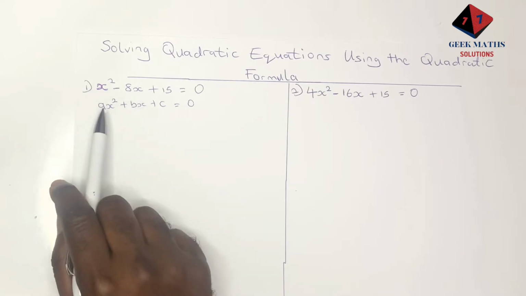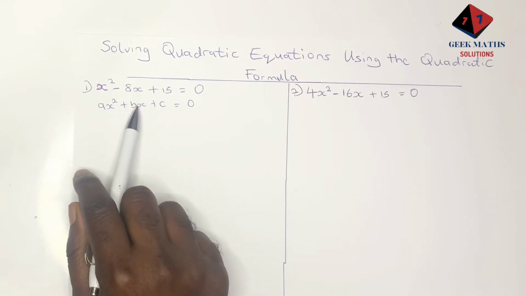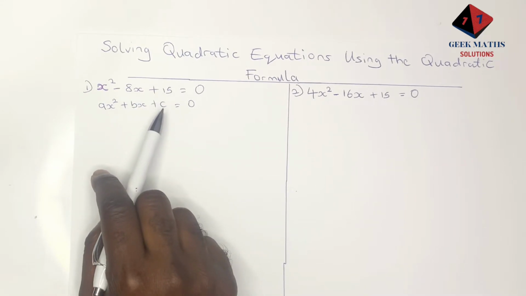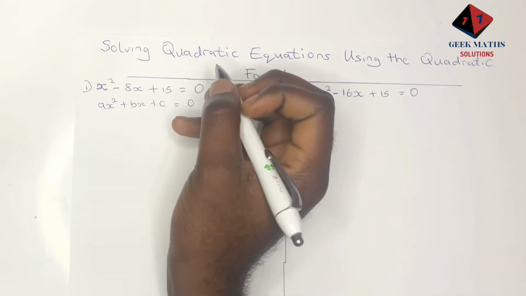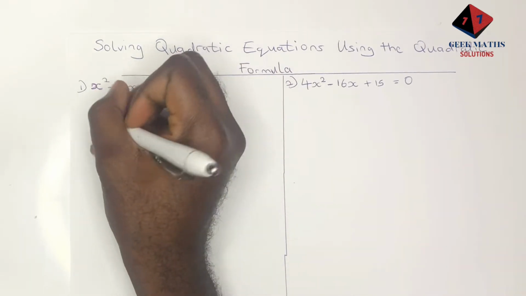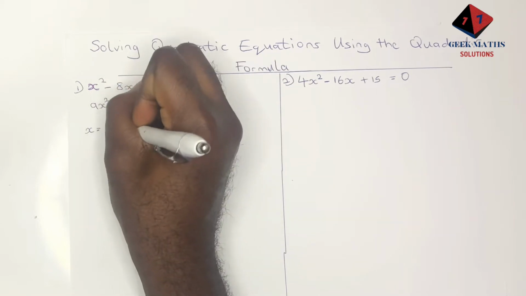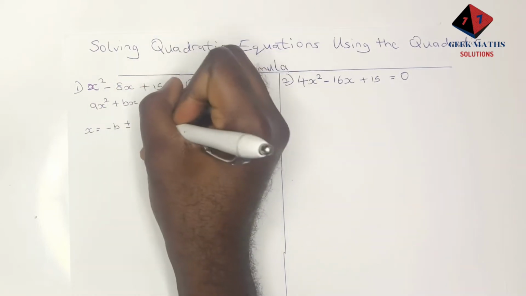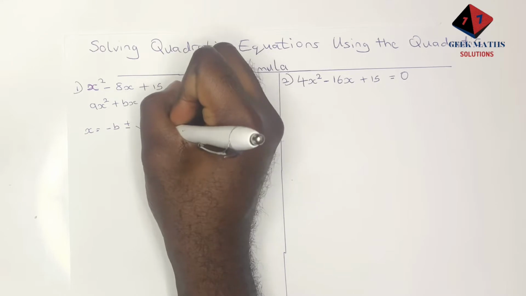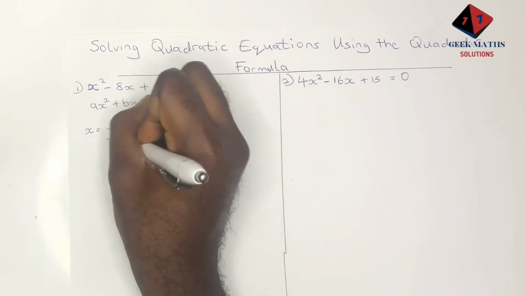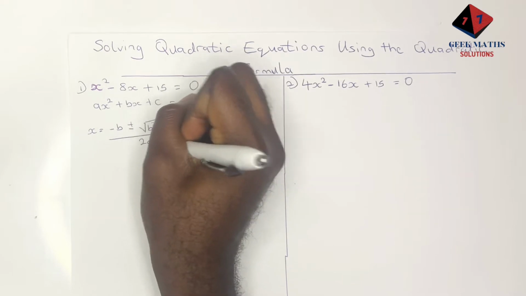The coefficient of x squared is a, the coefficient of x is b, and c is the constant in every quadratic equation. And the quadratic formula is given as x is equal to minus b plus or minus the square root of b squared minus 4ac all over 2a.